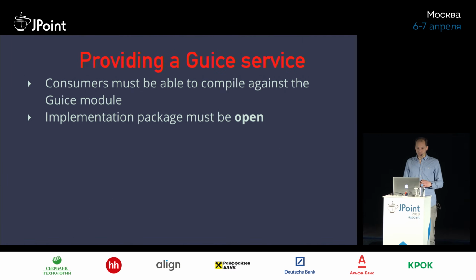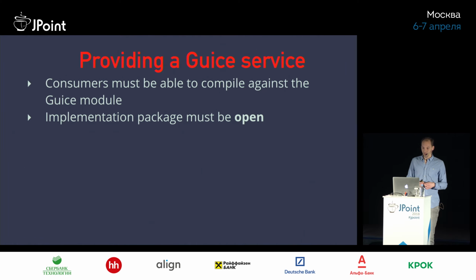Now, the consumers, they somehow need to get access to this Juice module configuration because they need to use that to instantiate the application and to bootstrap the Juice dependency injection framework.